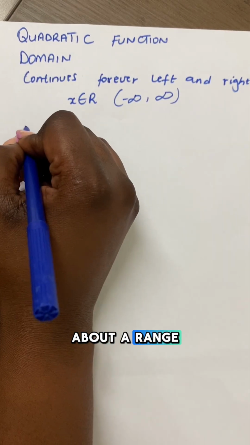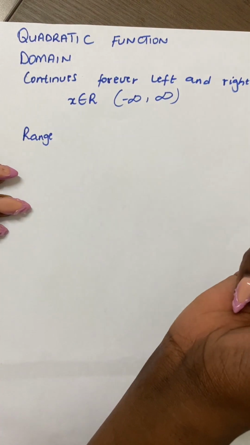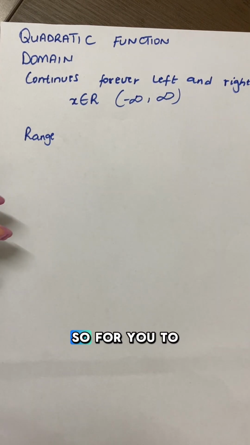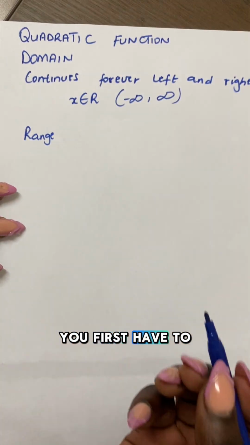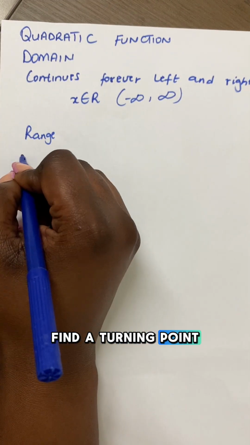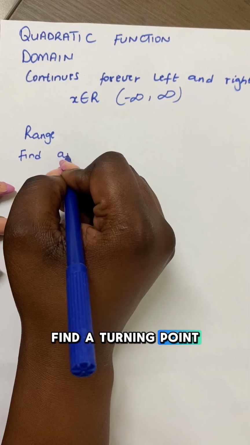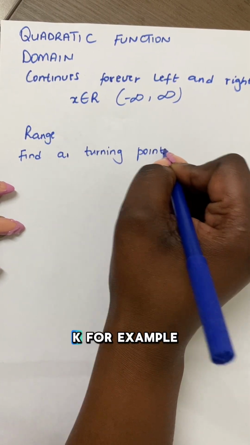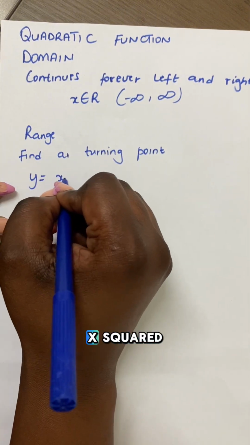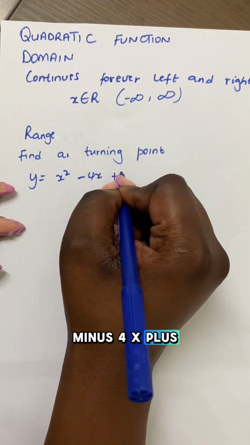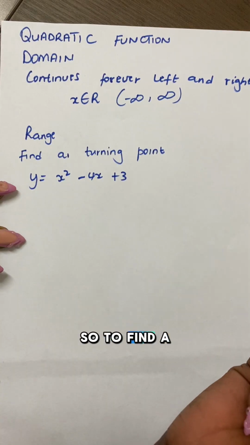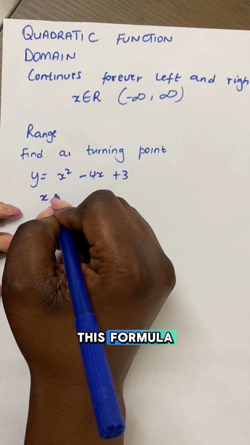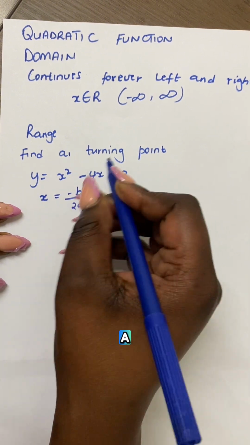Then what about a range? A range is slightly different because a range limits us. To find a range, you first have to find a turning point. For example, y is equal to x squared minus 4x plus 3. For the x value of the turning point, you use this formula: x is equal to negative b over 2a.